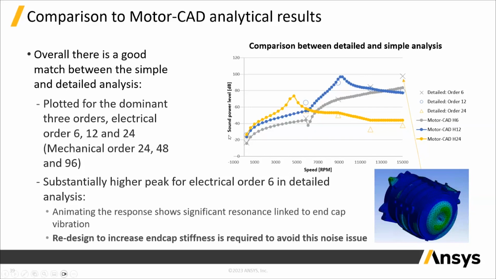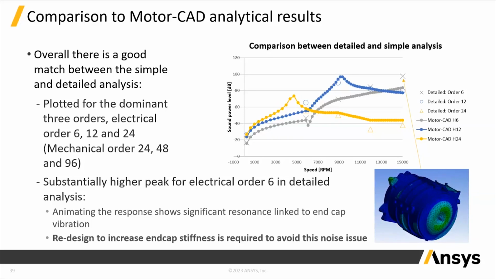So if we animate this from the detailed model, we can start to understand why this is. We can see that it's a coupled resonance of the stator breathing mode with the end caps in this case. And of course, this isn't considered within the simple analytical model.